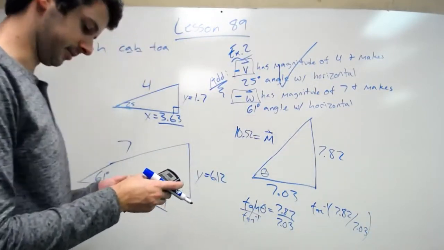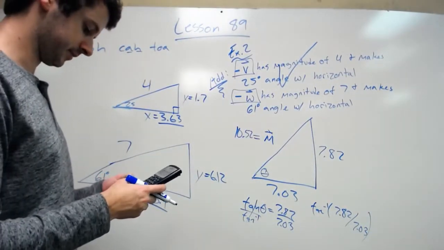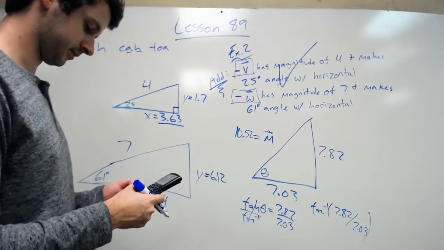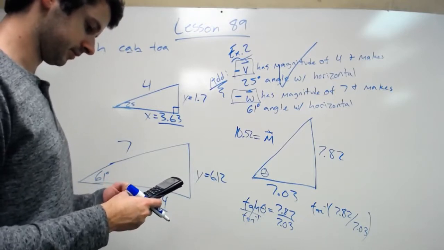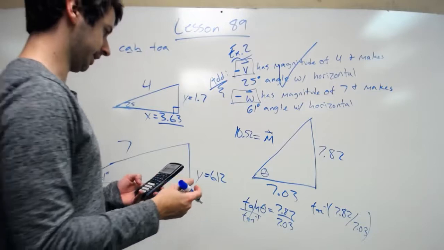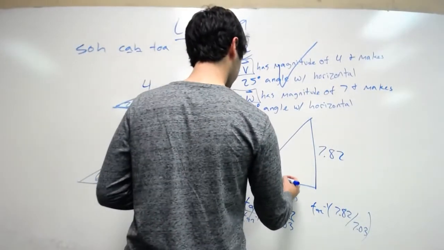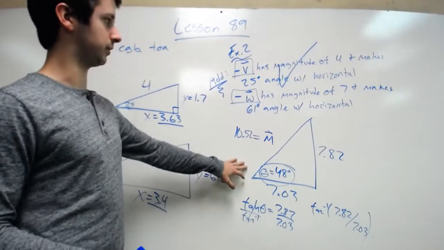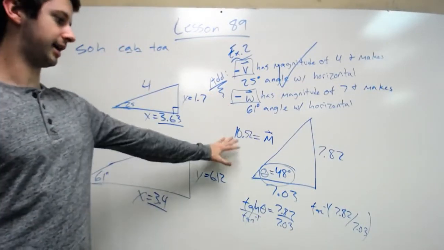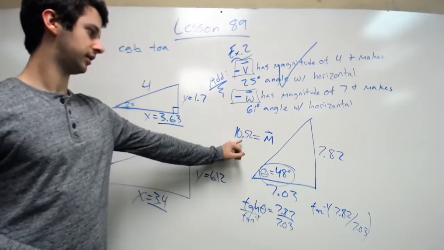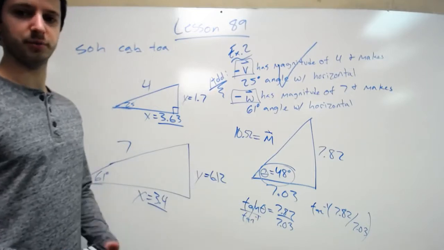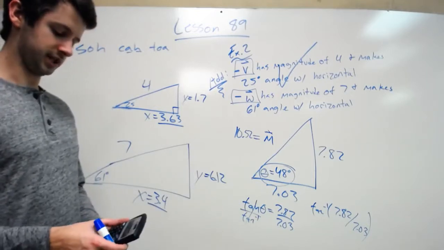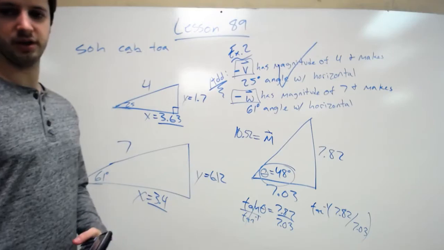Plug that in my calculator and I get roughly 48 degrees. So the angle I make with the resultant vector when I add them together is 48 degrees, and my magnitude would be 10.52. So that's how you add and decompose vectors.